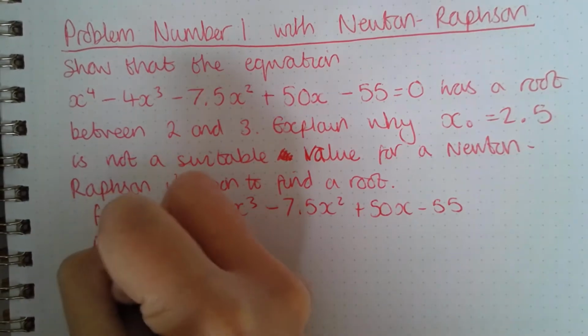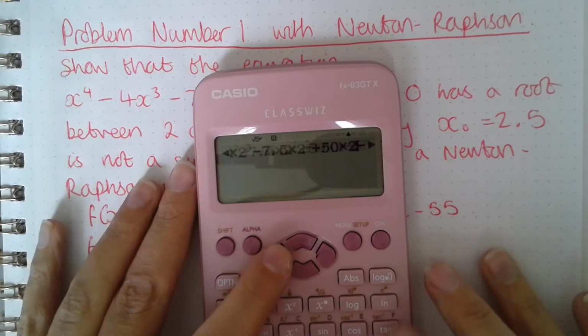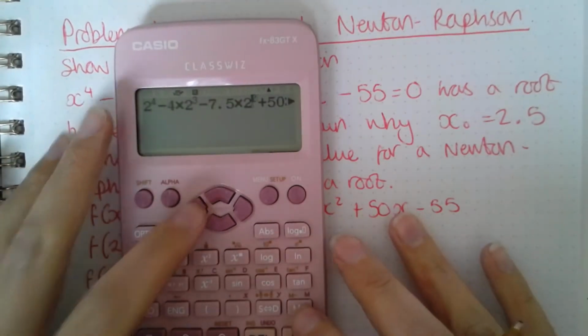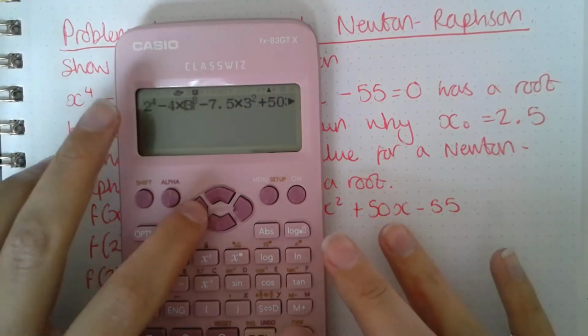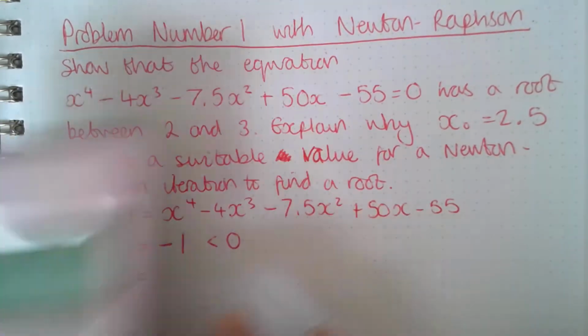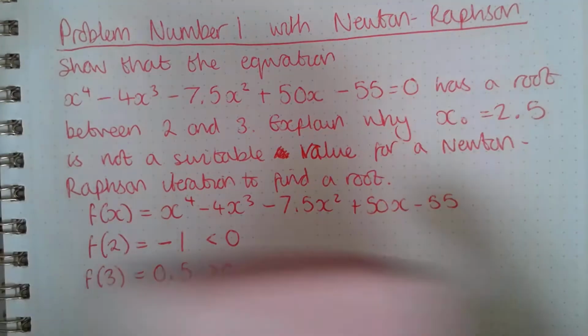And then we're going to find f of 3, so we're going to do the same again, but we're going to change everything for a 3. And we get a half, okay, which is greater than 0.